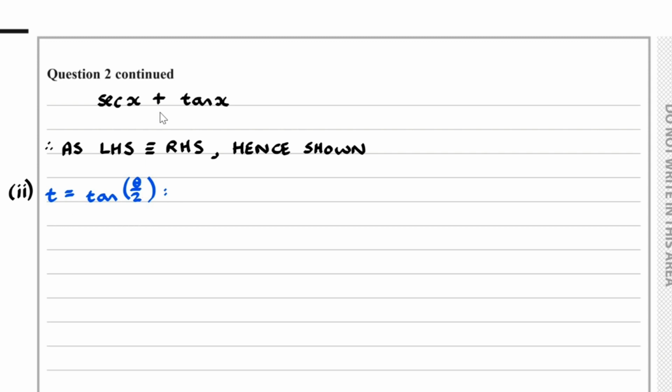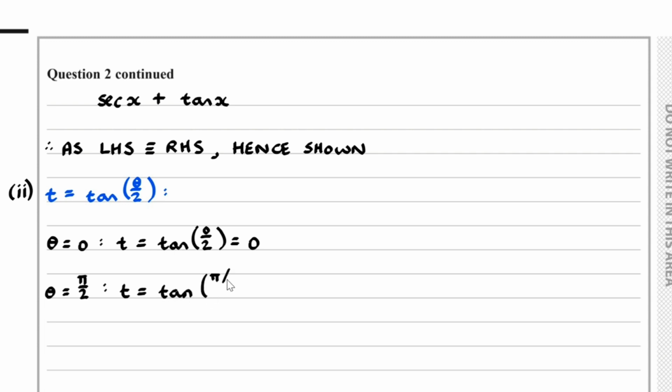And with this, let's see what our lower limit will equal when theta equals 0. t equals tan of 0 over 2, which is 0, and when theta equals pi over 2, t equals tan of pi over 2 over 2. We've got the tan of pi over 4, which is just 1.